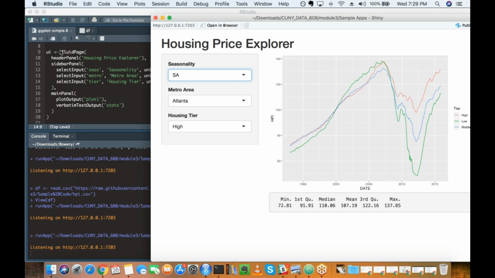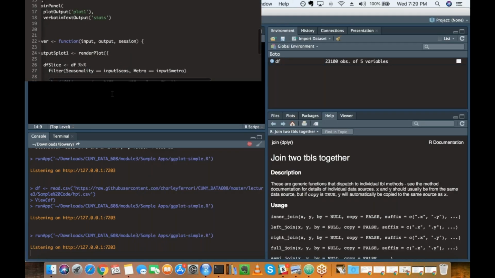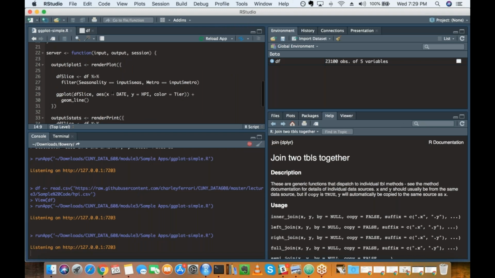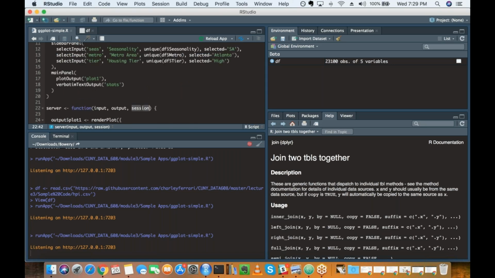So I have that as my UI, and then I have this separate object here called server. And server is where the magic is happening. This is where I'm able to define what happens when a dropdown is triggered. And don't worry about this session argument. You don't even need to include it.